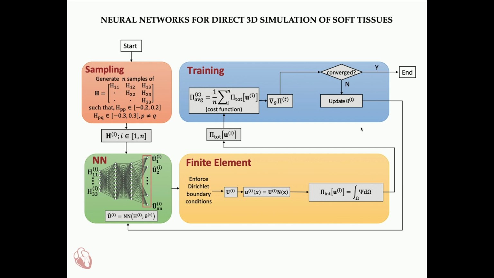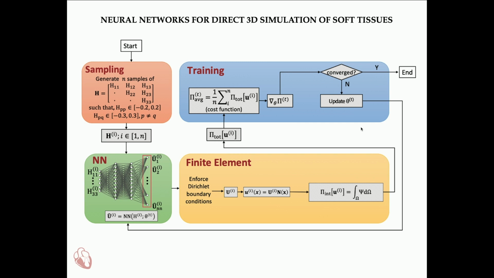Now, the way we train it, this plot I think shows it. For our general soft tissue model, we would have some history of displacements or whatever boundary conditions you want that we would want to train over. That is fed into the input layer of the neural network, whatever the design. And I will say the neural networks for these things are fairly modest. They're not very large and not very complex.